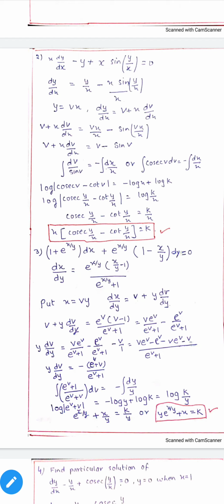We know the rule log a − log b = log(a/b). Log and log get cancelled out. We get cosec(y/x) − cot(y/x) = k/x. So x[cosec(y/x) − cot(y/x)] = k.